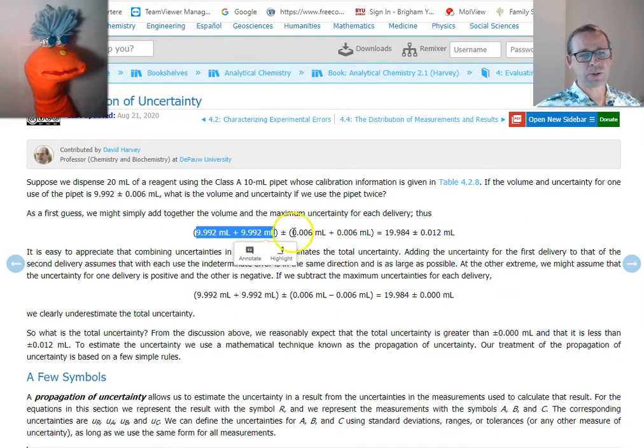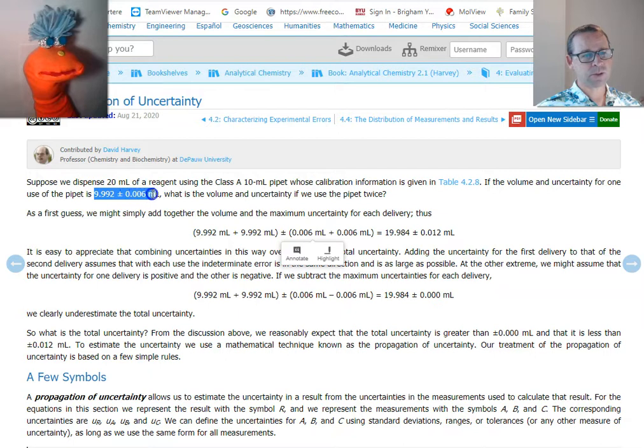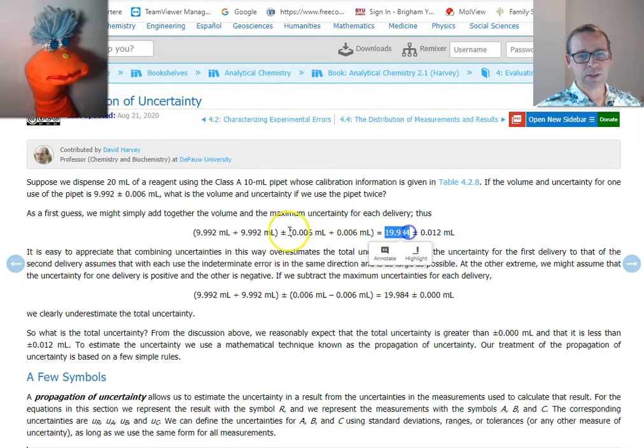And if both of those errors are 0.006 milliliters, the plus or minus on the pipette that we're using, does that mean that the error is the sum of these two? Probably not, because if you kept adding, you'd pretty quickly get a pretty big error. That's a good observation. If you did this 5 times, your error would go up pretty fast, right?